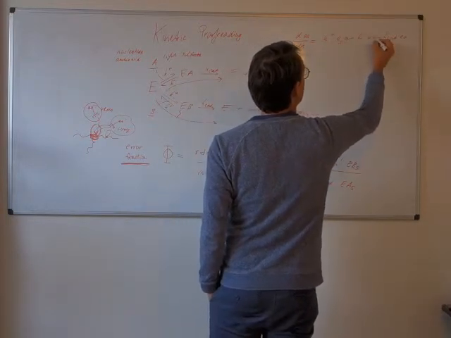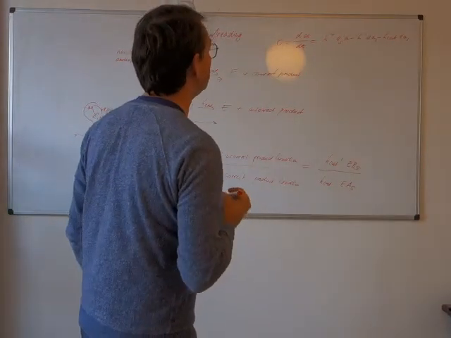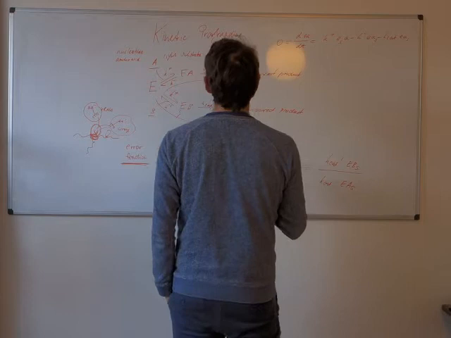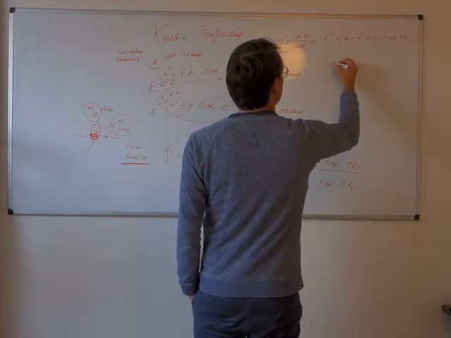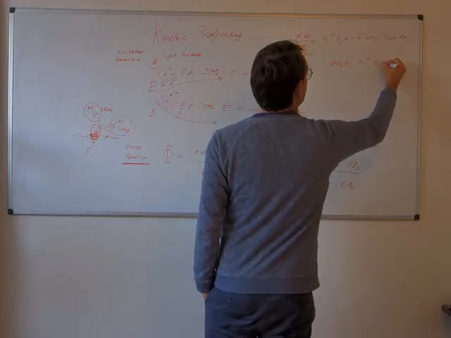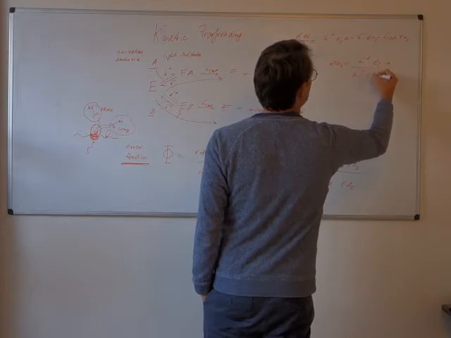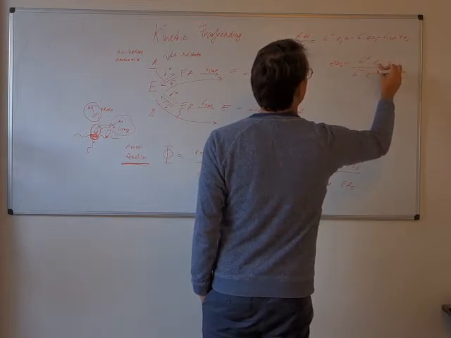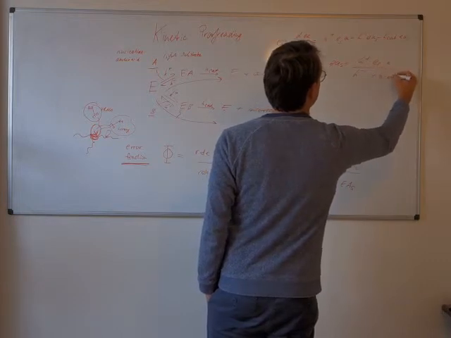So you have all these steady state concentrations, and A is fixed. So what is EA? It is k_plus times E_s times A, divided by k_minus plus k_cat. Yeah?